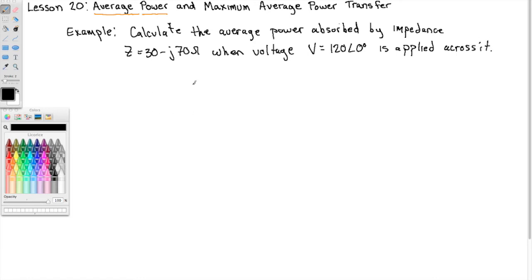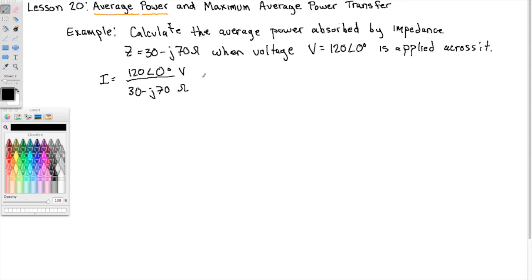Okay? So we've got a voltage and an impedance. We can get the current. The current, according to Ohm's law, is 120 angle 0 degrees divided by 30 minus j70 ohms.